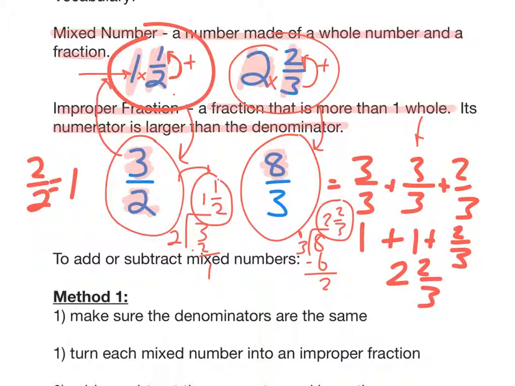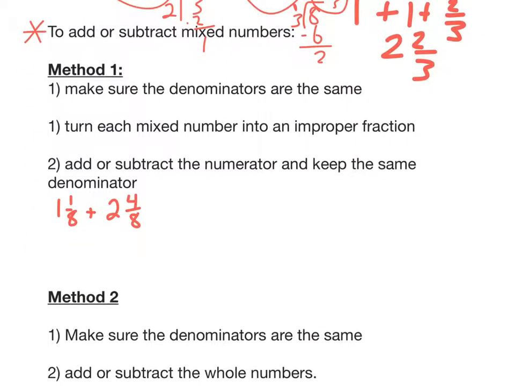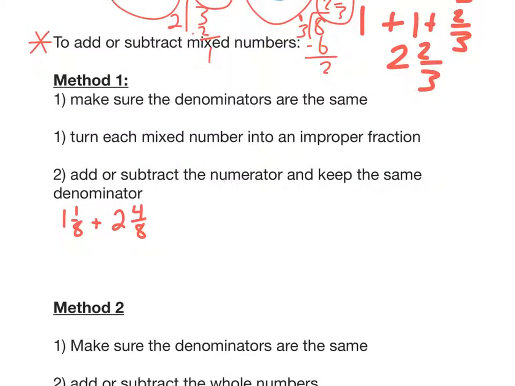Alright, so let's get into our steps. To add or subtract mixed numbers, there are 2 methods. So let's start by looking at method 1. First, you're going to make sure the denominators are the same. In all the problems you're doing today, the denominators will be the same, so don't worry about that too much. Just know that when you're adding or subtracting any kind of fractions, the denominators need to be the same.